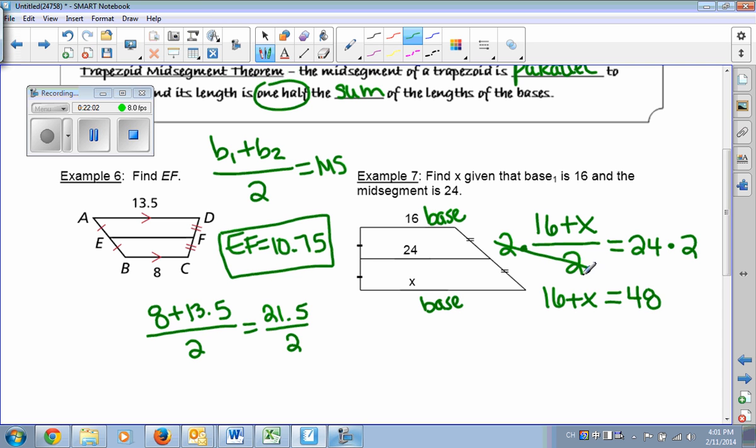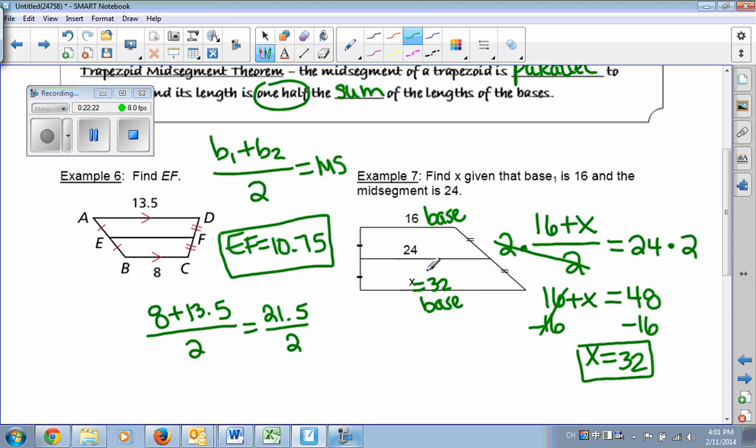Okay, and one more step and we know what X is. Subtract 16. Good. So X is 32.